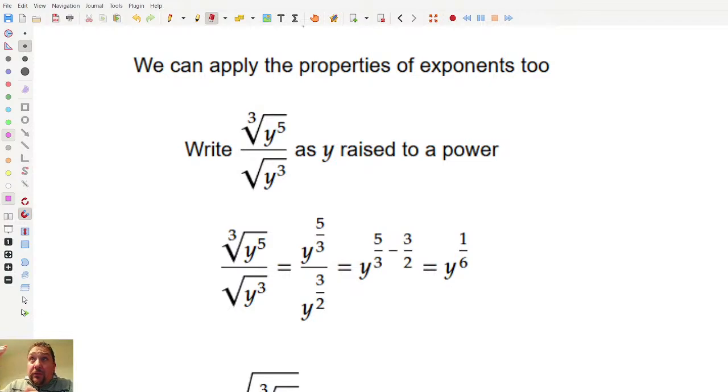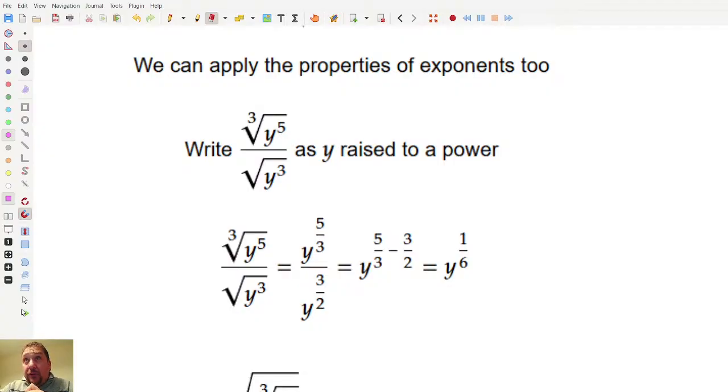Since we can take radicals and write them using exponents, our exponent rules from a few lessons ago are back in play. For instance, the example shown here says take the cube root of y to the 5th divided by the square root of y cubed and rewrite that as y raised to a power. So the numerator has an index of 3 and an inside exponent of 5.